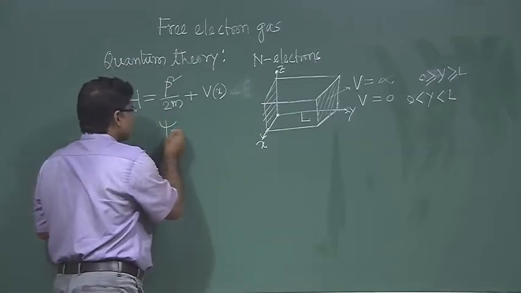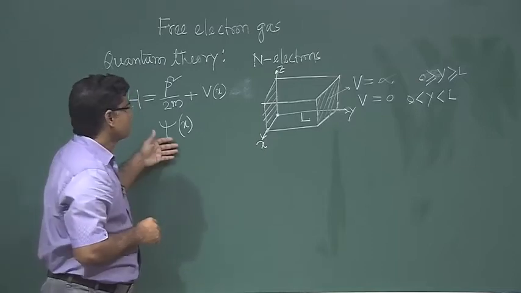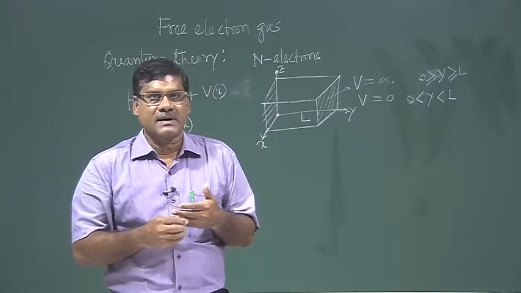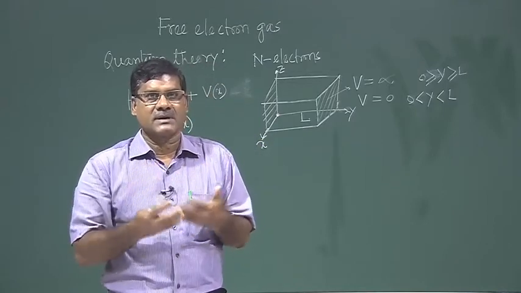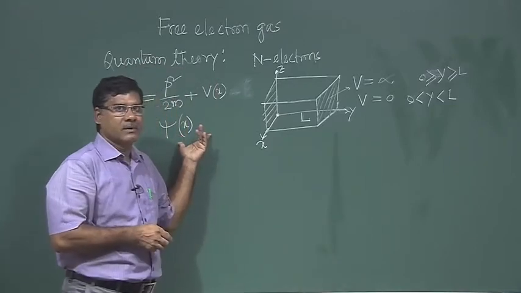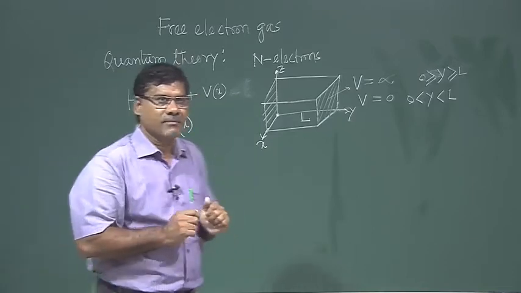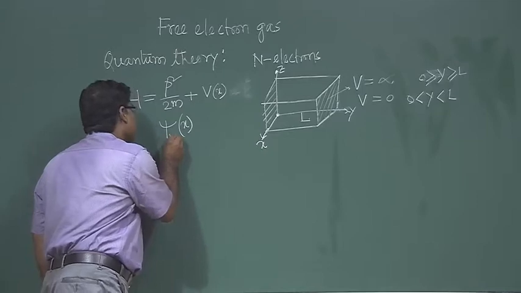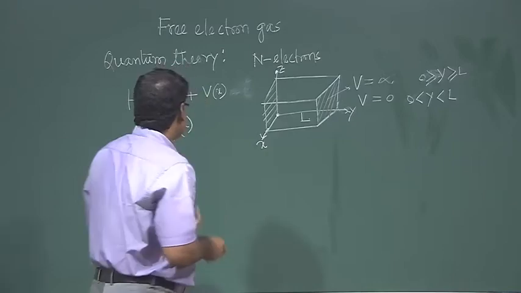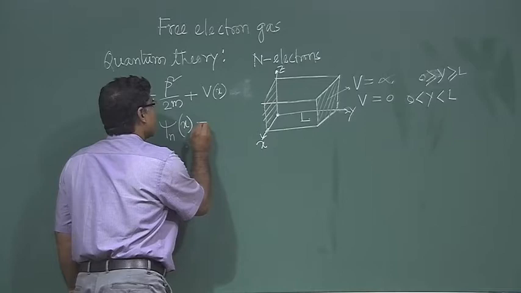That wave function is a function of x, and in quantum mechanics it does not represent just one state, it represents many states having different momentum, different energy, etc. That is why we put n here, the nth state of the system.